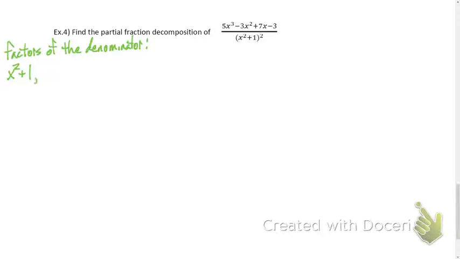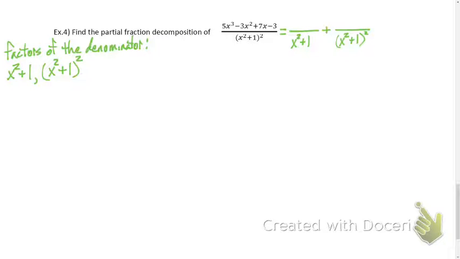I could also multiply by x squared plus 1 squared. And there's nothing else I can multiply by other than 1. I mean, arguably I can multiply by 1 to get that denominator that I printed there. So that means we need 2 fractions. One fraction with that first factor, another fraction with that second factor.